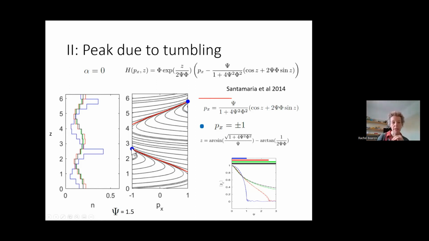This is the point at which the cells tilt over and are swimming horizontally, so they don't swim vertically any further. And this accumulation point lines up with where we see the cells accumulating.